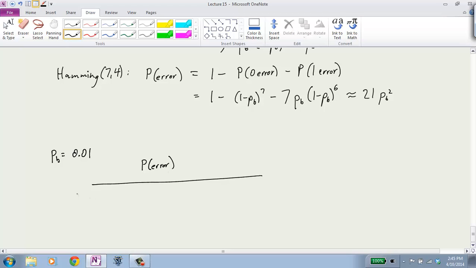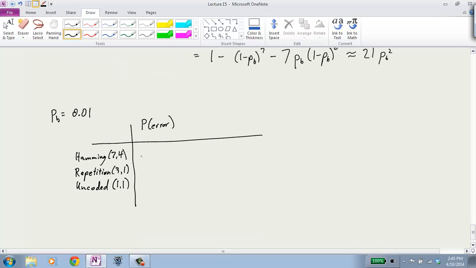So we have Hamming, and uncoded. Uncoded means just transmit your bits. It's got parameters 1, 1.